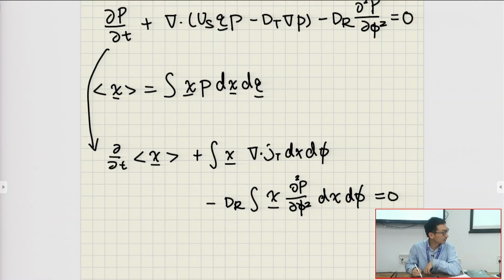We can do the angle integration first. What happens after we do that? Because x is not a function of the angles, we just integrate the second derivative. And what happens when we integrate from 0 to 2 pi?